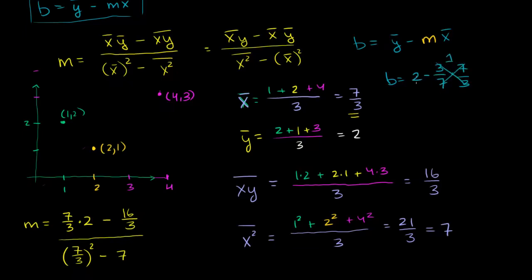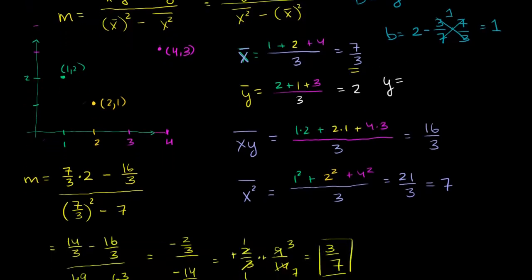So our y-intercept is literally just 2 minus 1. So it equals 1. So we have the equation for our line. Our regression line is going to be y is equal to, we figured out m. M is 3/7. Y is equal to 3/7 x plus our y-intercept, 1. And we are done.